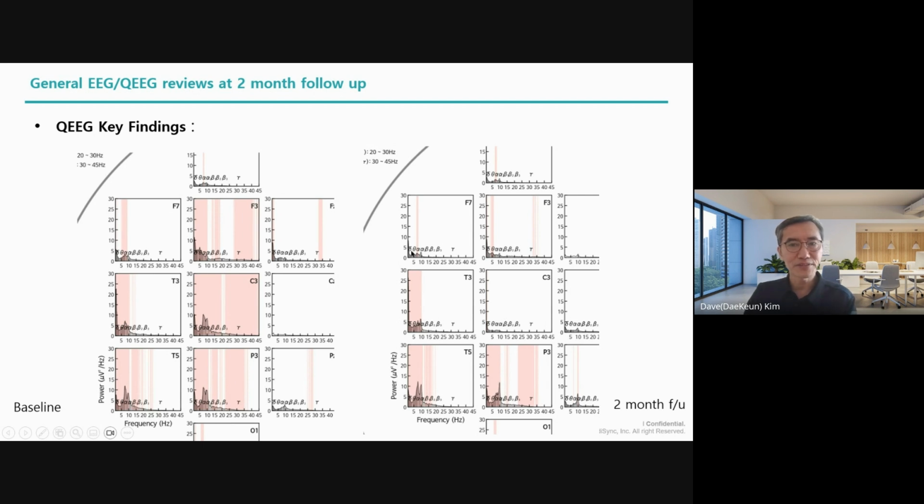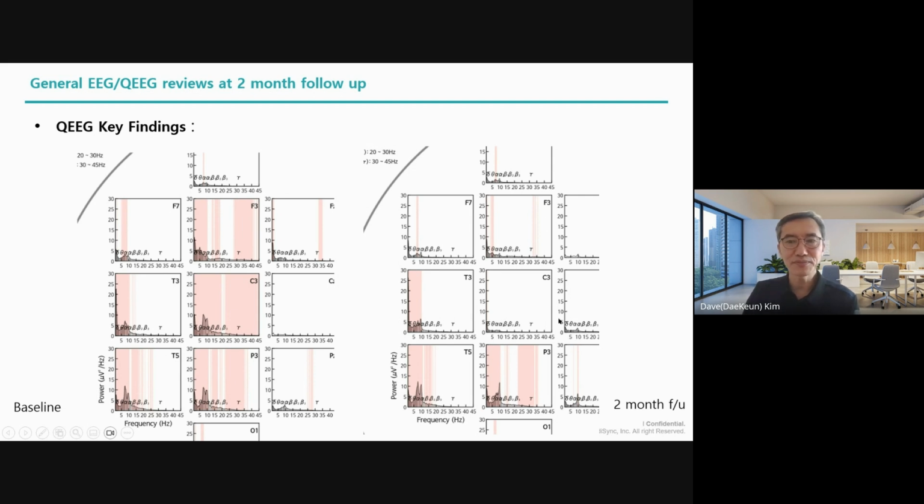In F3 and F7 the slow edge of alpha still remained, but the 10 Hertz increased. This kind of 10 Hertz increase made bigger changes in his speech ability.